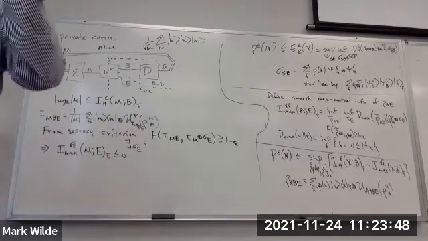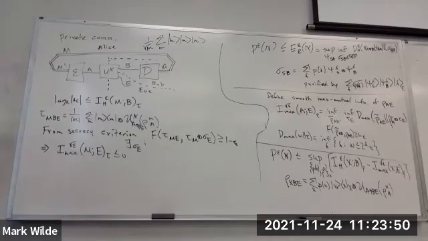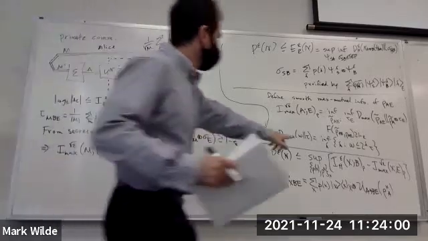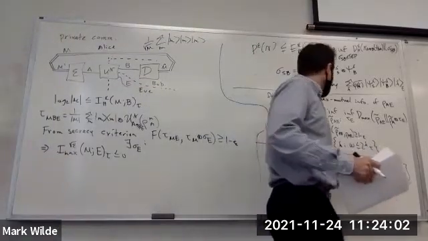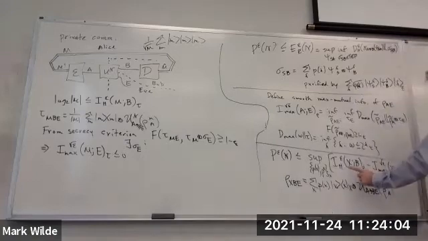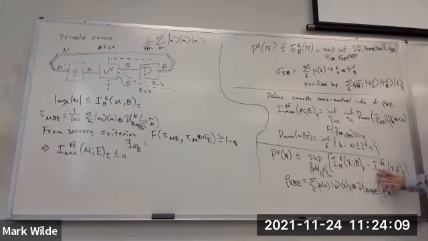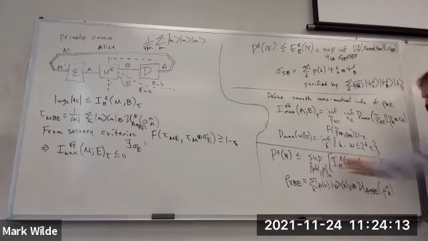But the point I was making is that when you look at the private information optimized over all possible input ensembles, that doesn't necessarily have to be the case. It could be that this is strictly non-negative for some choice of ensemble.